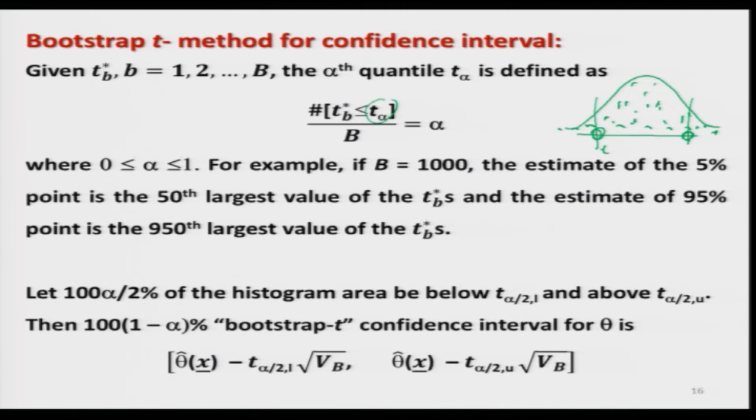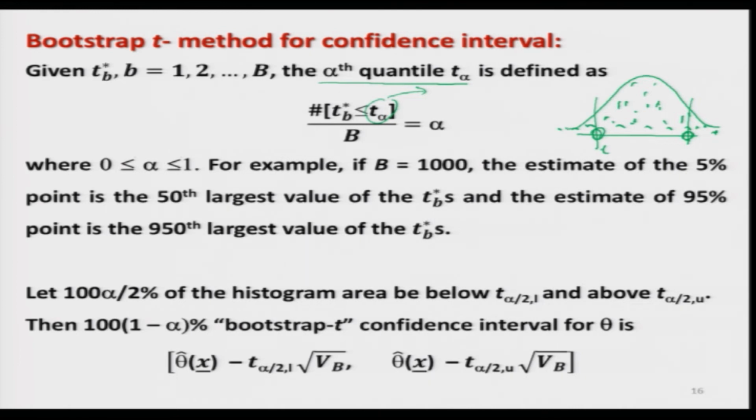And what is T alpha? T alpha is the alphath quantile. So, first you try to find out the alphath quantile, say 5th quantile, 95th quantile, etc., and then see how many values of the TB star, which you have estimated on the basis of bootstrap samples, are smaller than T alpha.